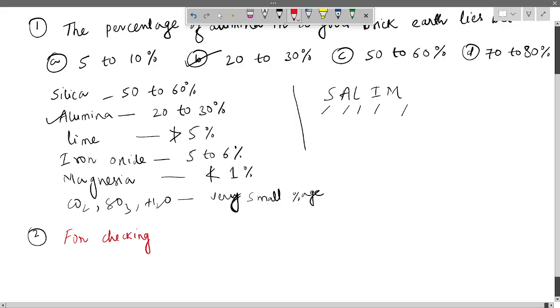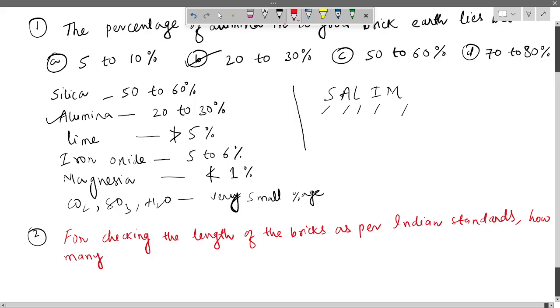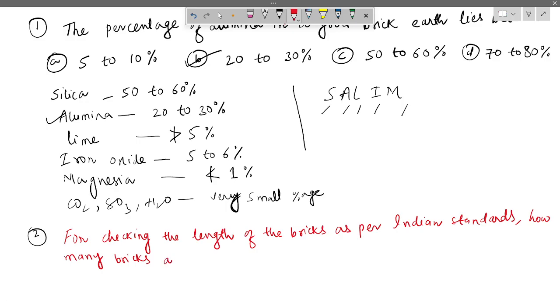For checking the length of the bricks as per Indian standards, how many bricks are to be taken?